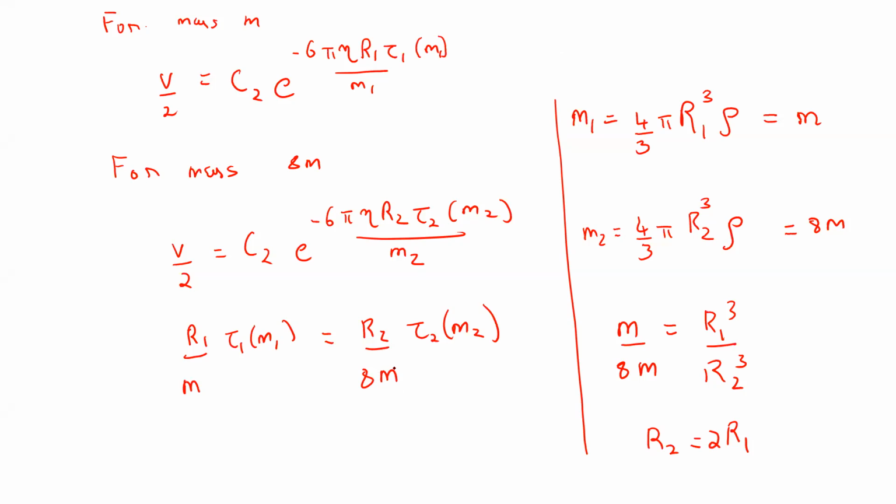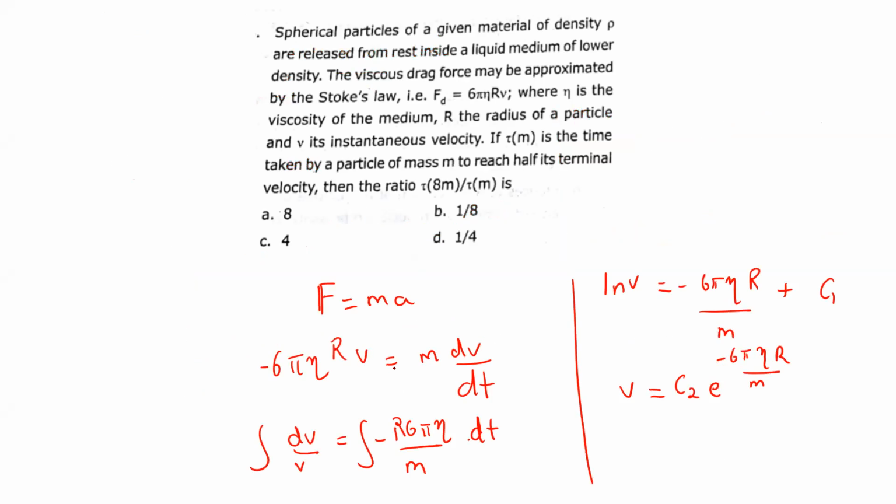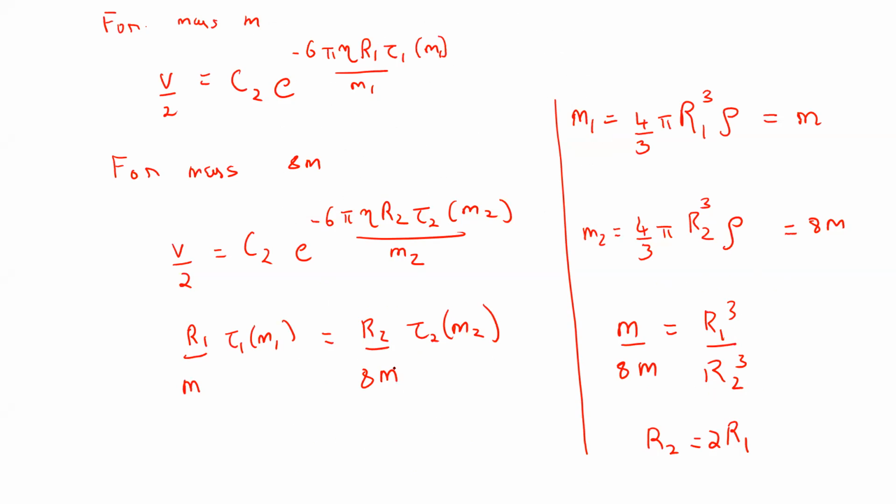So now we're going to find the relationship that has been asked. This is m, this is 8m. So r2 by r1, from this equation you can tell, is nothing but 2 by 1.